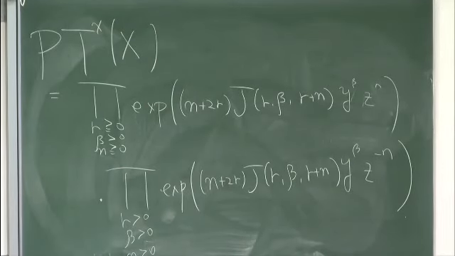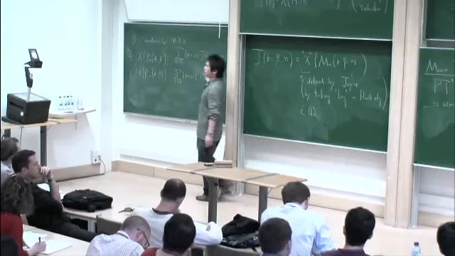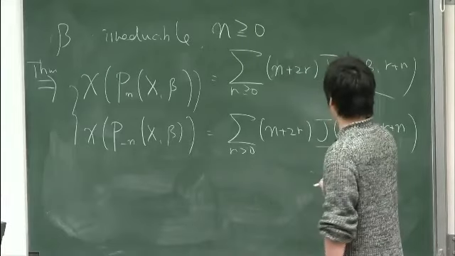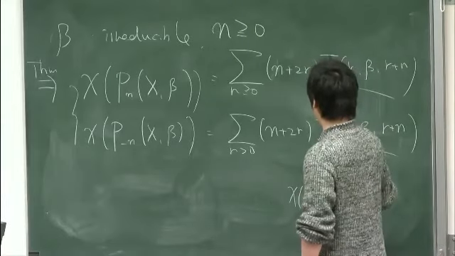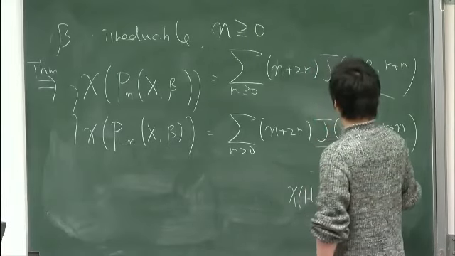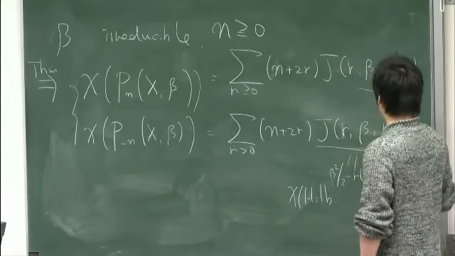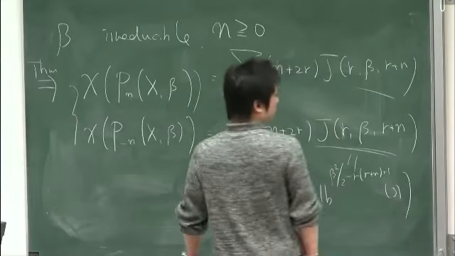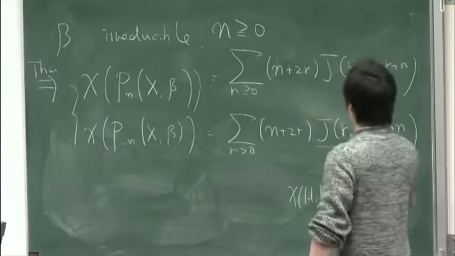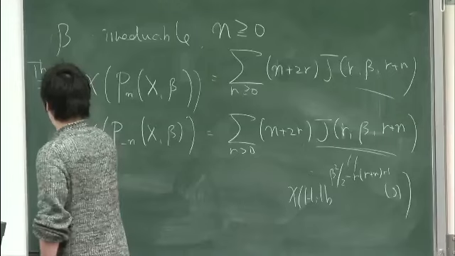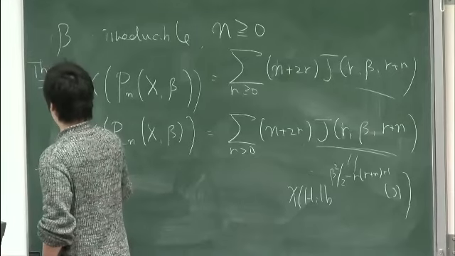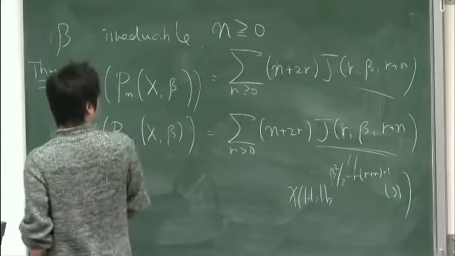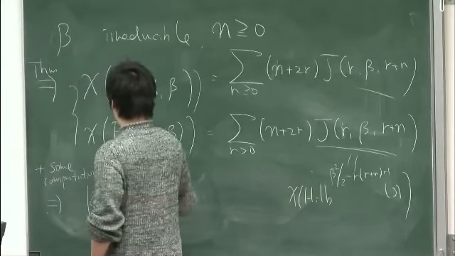And if β is irreducible, then these Mukai vectors are primitive, so you can compute it explicitly. So this is, of course, χ(Hilb^{β²/2+1+...}). And using the Göttsche formula and this equality, with some computation, you can reconstruct Kawai-Yoshioka's formula.